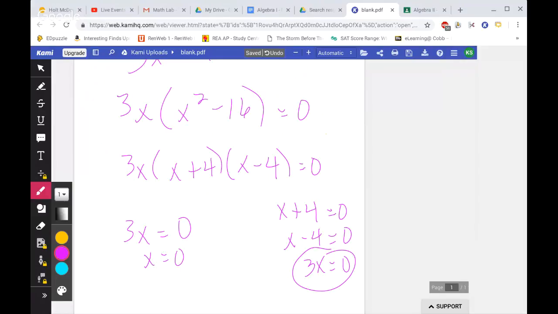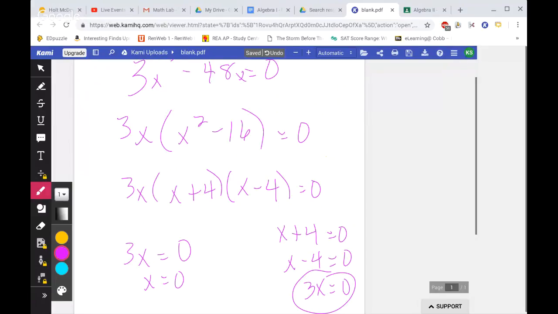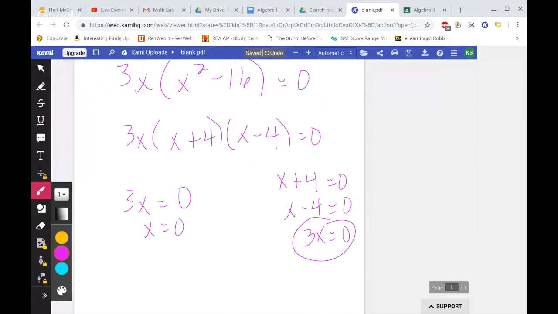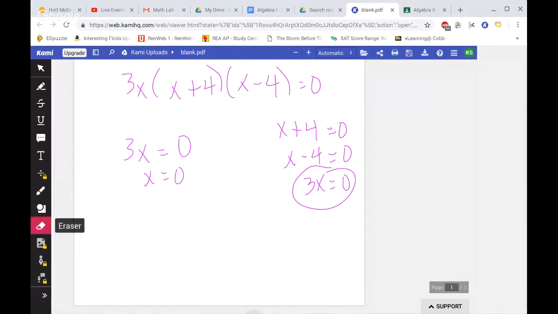I know it just turns out to be 0, but the whole point is to find out where this thing crosses the y-axis or the x-axis, I'm sorry. So they left that one out, and it basically means it's going to cross at 4, at -4, and at 0. So all of that is important. When they were factoring completely, they forgot to bring down that 3x, and you can't forget to do that.